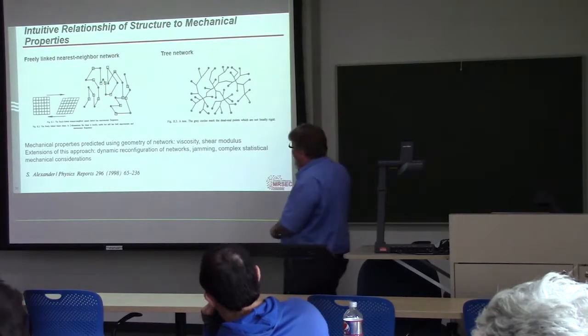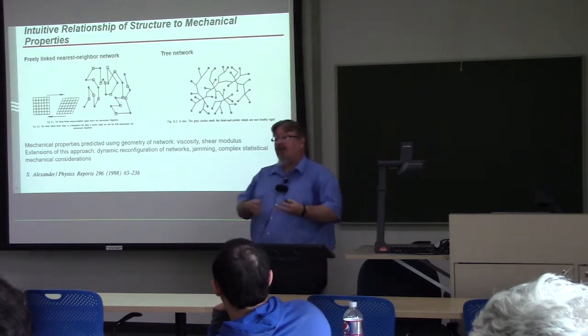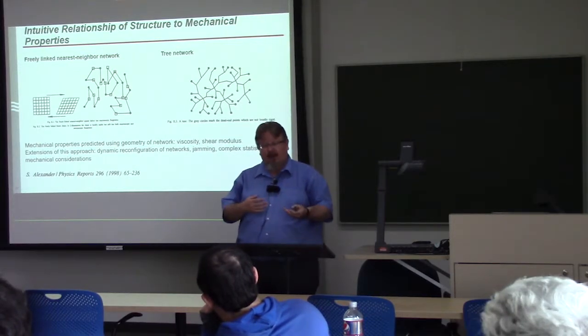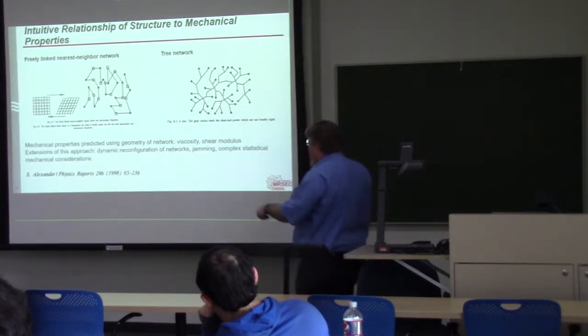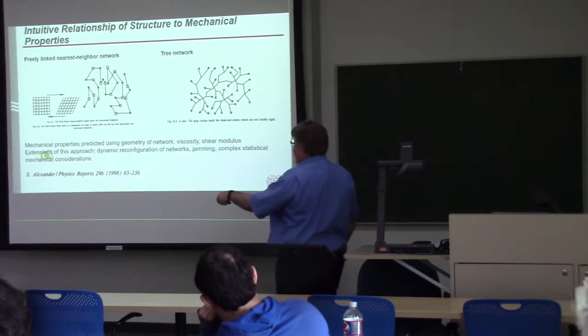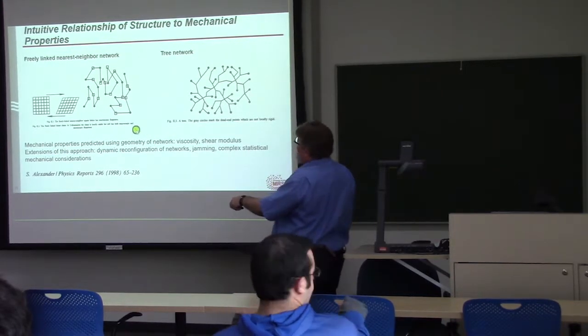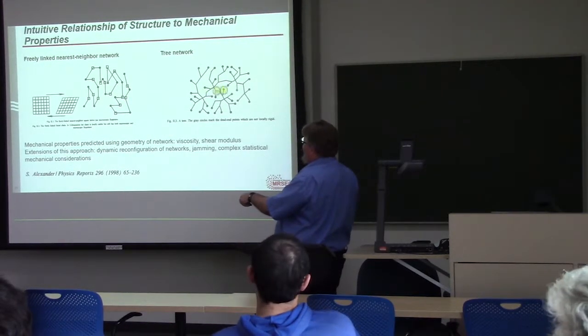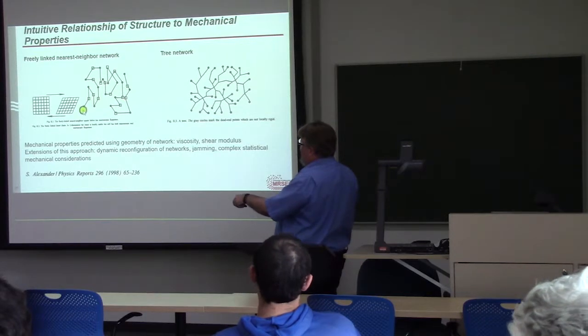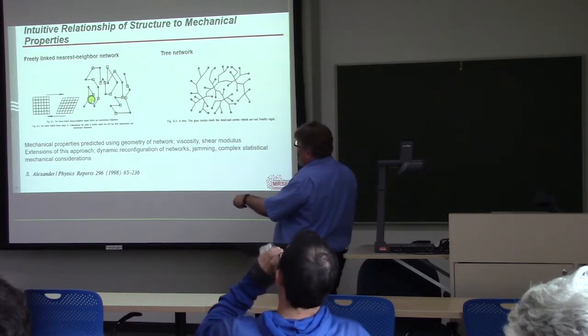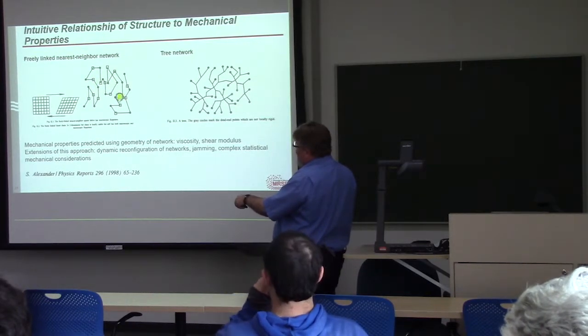And an example of how this sort of network of bonds can connect to properties is if you think about the mechanical properties of a network, they vary with the number of interconnections between the nodes of the network. So here is a two-connected network that looks mostly sort of like a long polymer chain.